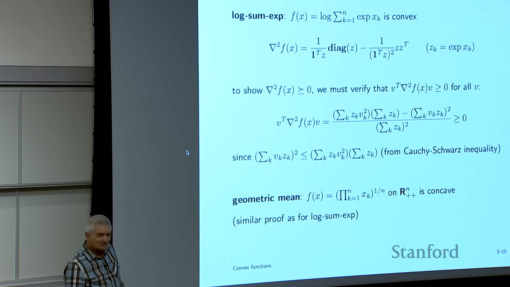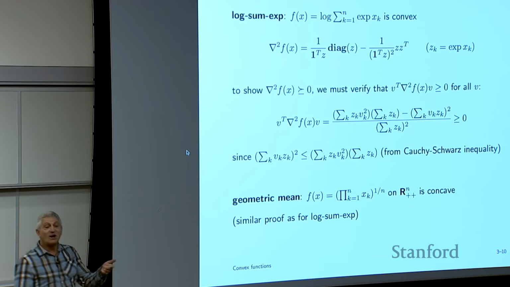So, look, if one of the x's is bigger than all the others by, let's say, a gap of 3, then when you exponentiate them, that one is now more than e cubed bigger than all the others. So when you add up the others, I'm being very rough here, most of it comes from that one term, right?